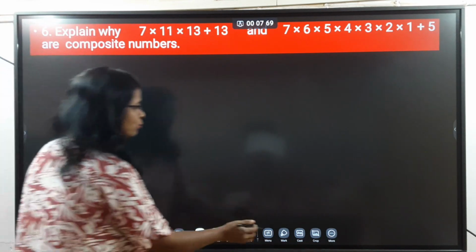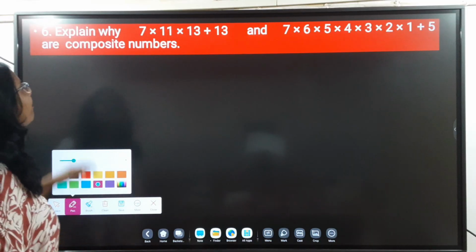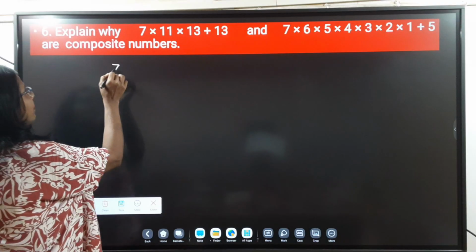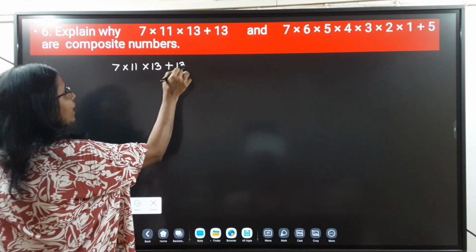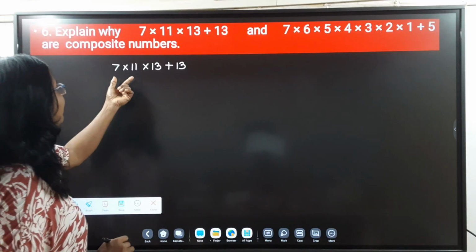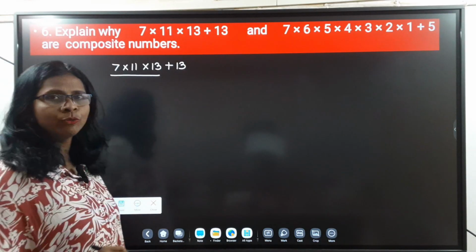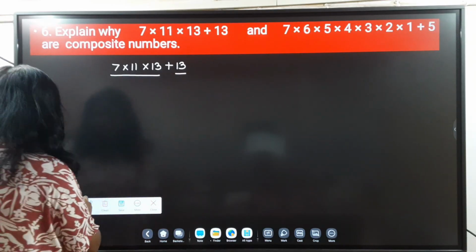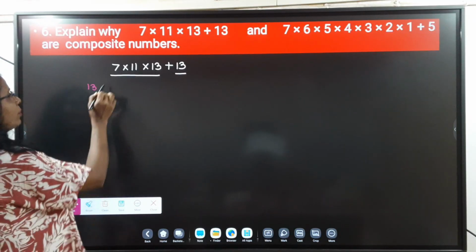How can we verify this? Observe carefully. First, the number 7 multiplied by 11 multiplied by 13 plus 13. Here the first part is in product form and the other is in addition form, so 13 is common.